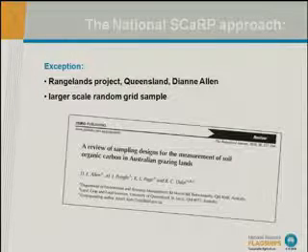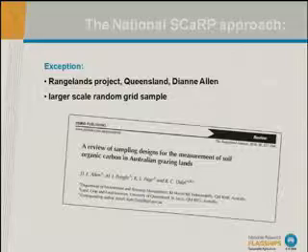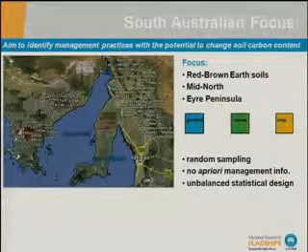So in the rangelands projects, where they're dealing with very large spatial scales and very large paddocks, their grid sampling is a lot larger than 25 metres. I think they're working with a 100-metre grid sample. And Diane Allen's written a nice review of sampling designs specific to the rangelands context.